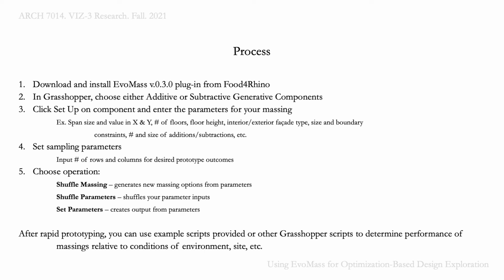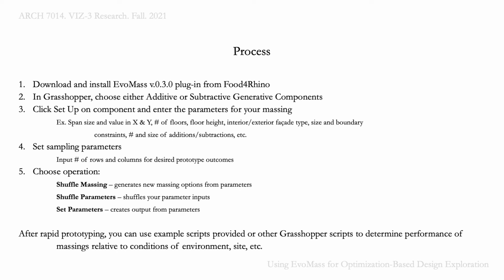Step 4, set your sampling parameters. This is where you would input number of rows and columns for your desired prototyping outcomes. And step 5, you choose your operation. You either shuffle massing to generate new massing options from your parameters, you shuffle the parameters, which shuffles your inputs, or you set parameters, and that is what's going to give you your outputs.